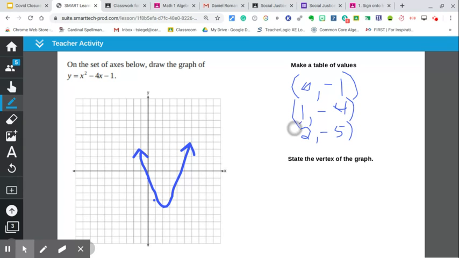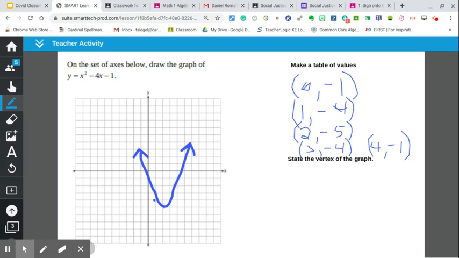Okay, so now it should start going back up. 3, -4. And then it was also 4, -1. All right, so your table could be like that. You could do X's and Y's, you could do whatever.